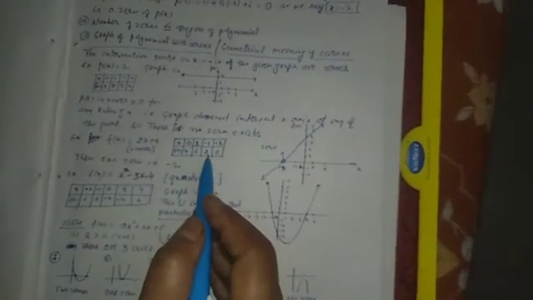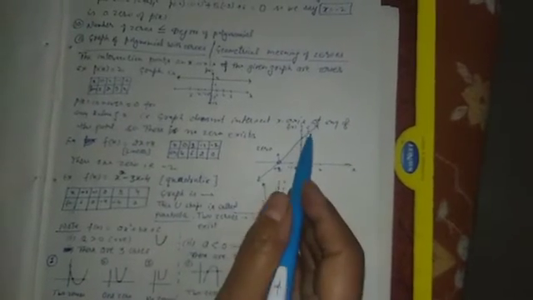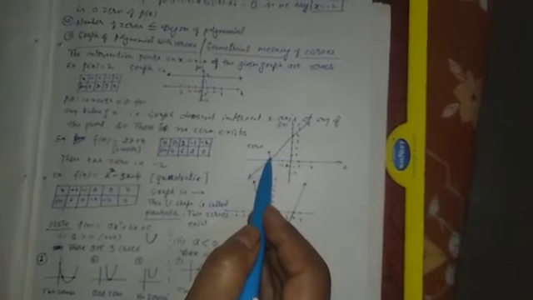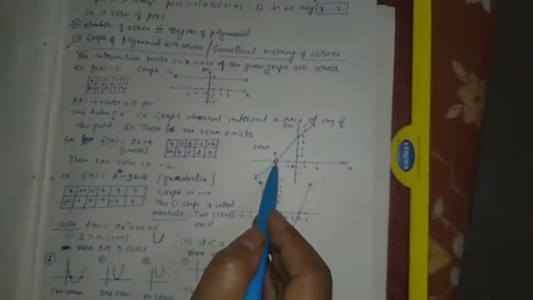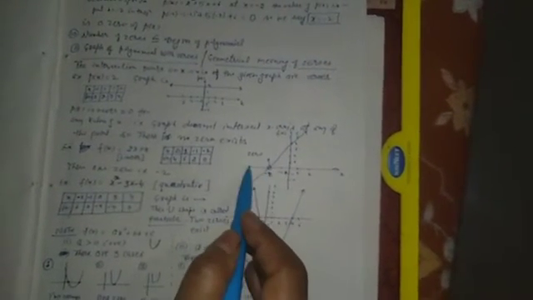If we put minus 1, value of f(x) is 2, and at minus 2, 0. If we draw the graph, we have this kind of linear equation. It will intersect x-axis at one point, at x = -2. So how many zeros are possible? Only one zero is possible because the graph is intersecting x-axis at only one point.